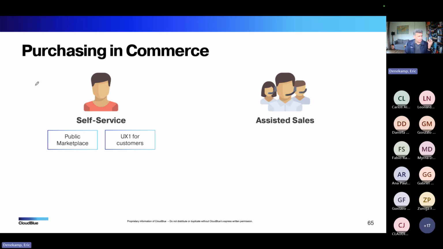Self-service can happen through the public marketplace if it is enabled, or through UX1 for customers, as I've shown you. And assisted sales can be done in two ways as well: UX1 for resellers, as I've shown you, or through the classic panel. But there is a limitation to the classic panel. If your products are implemented through a new module called Product Lifecycle Management, PLM, you can only do UX1 for resellers.